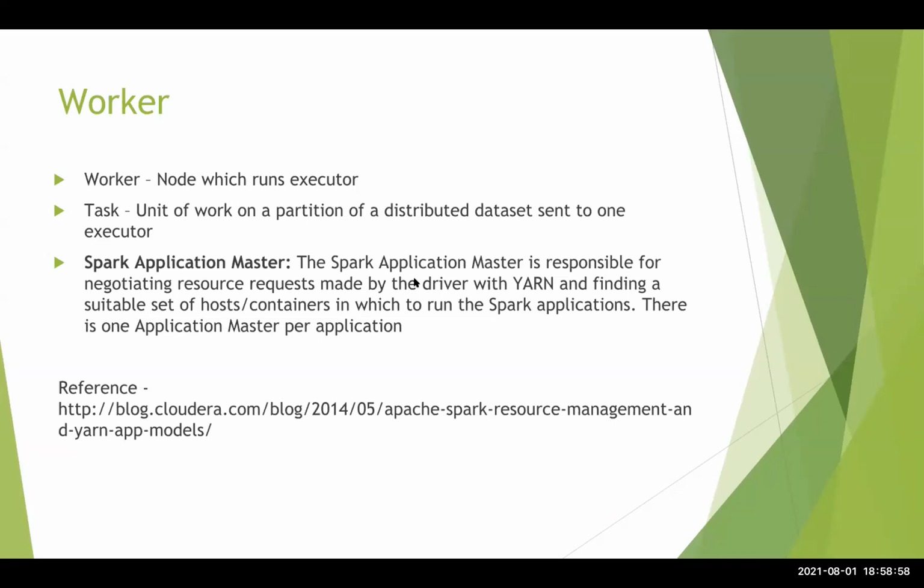It needs this much capacity in terms of RAM and CPU, etc. Then this application master will go to the resource manager in YARN, and negotiate those resource requests with the YARN resource manager, and the resource manager will give the resources which this application master is asking, and then the application master will spin up the executors and tasks on those nodes. So there will be one application master per Spark application, and you can go to this link. It's described in much more detail here.